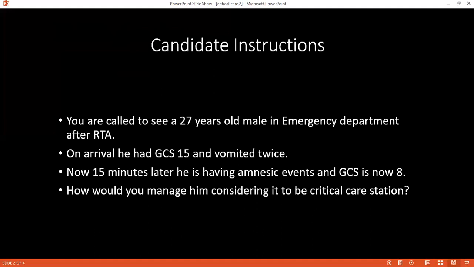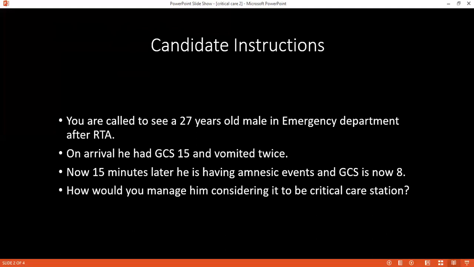Good. Can you mention a few indications for intubation, please? There's need for mechanical ventilation. If there's a facial injury or bilateral mandibular fracture.